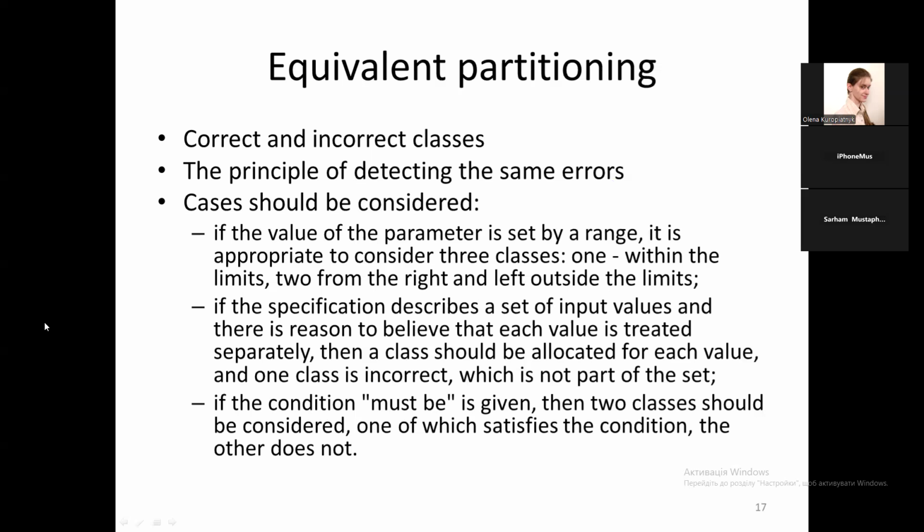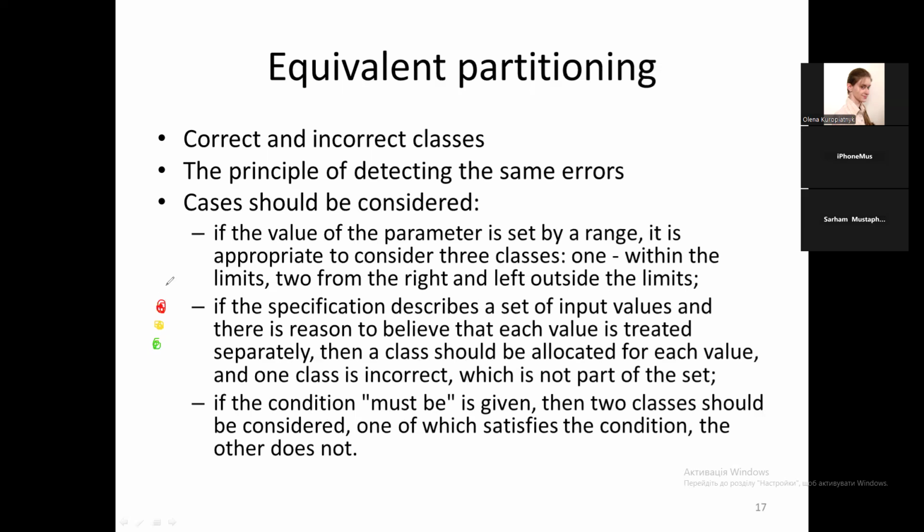If we have some values of traffic lights, there are red, yellow, and green light. It's an example for these cases in the equivalent partitioning method.